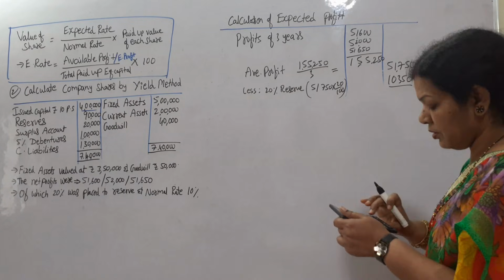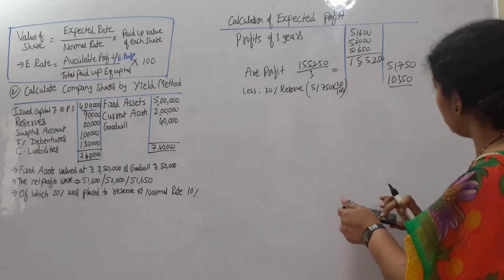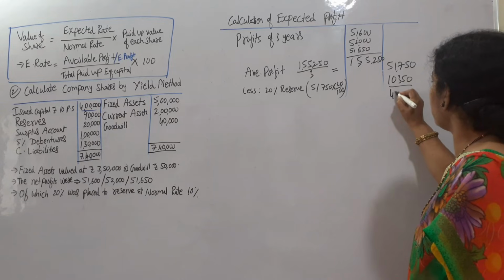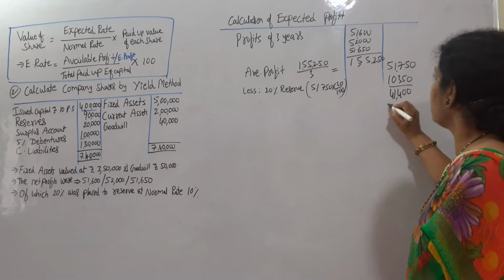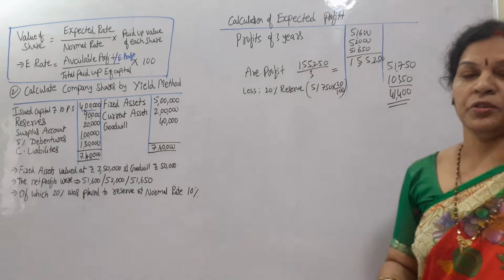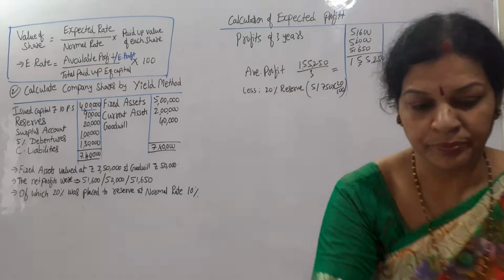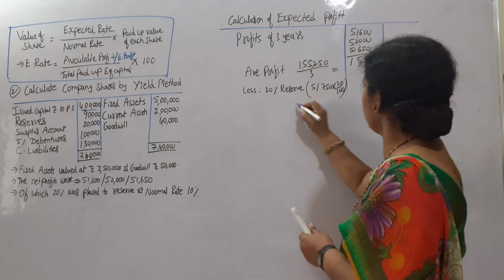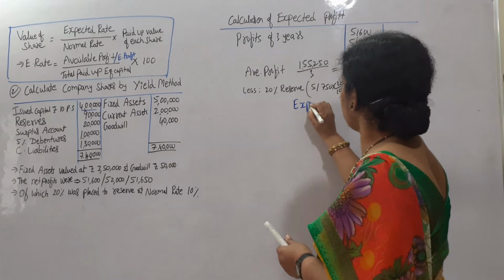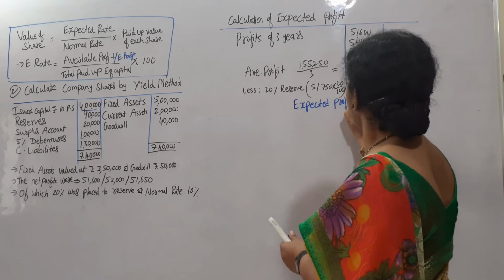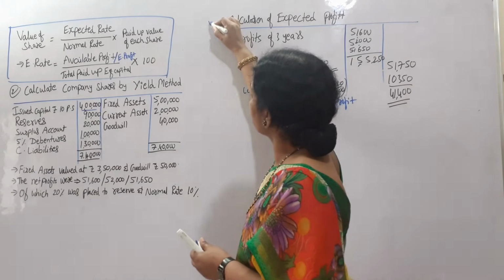If we deduct it, we get 41,400. So this is the expected profit. Am I clear? This is the first step.